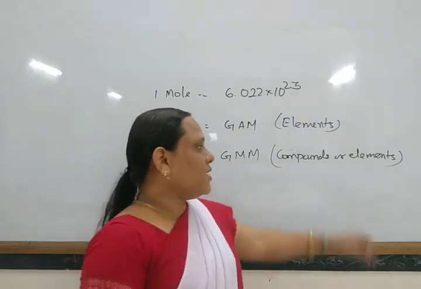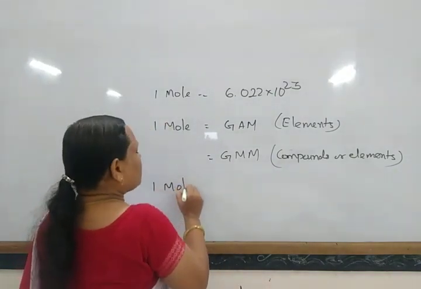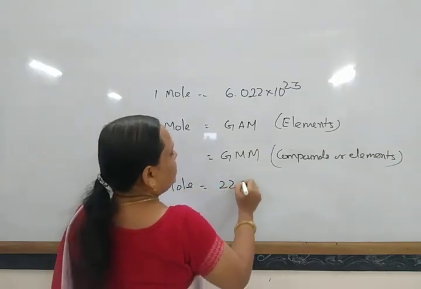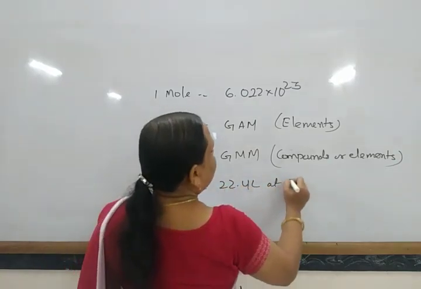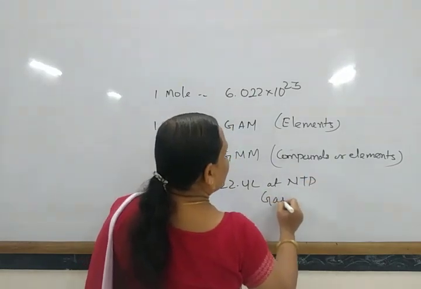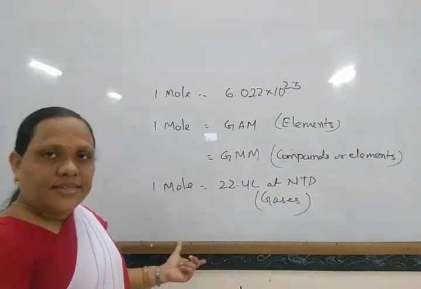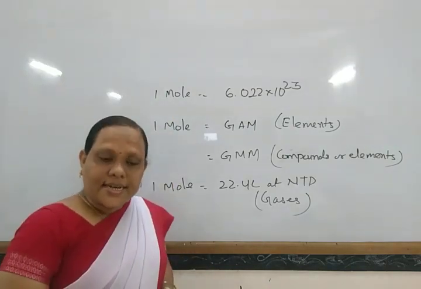So compounds and some elements. And 1 mole is also 22.4 liter at NTP. That is only applicable for gases. So all these we know from the last class.